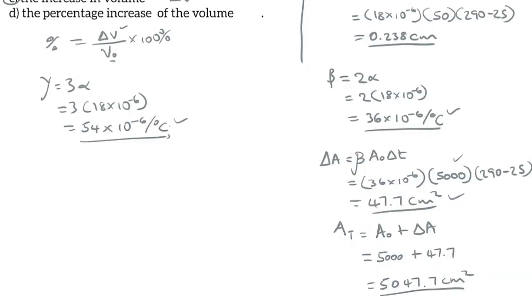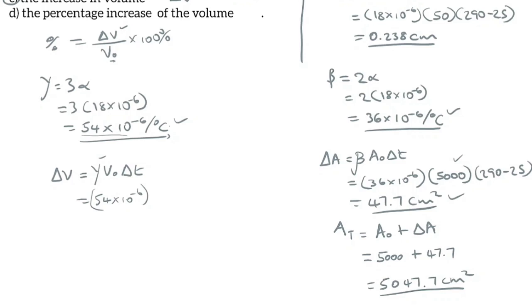Now we have to calculate the change in volume. The change in volume is equal to the coefficient of volume expansion times the initial volume times the change in temperature. This coefficient, we just found it now. It is 54 times 10 to exponent negative 6.